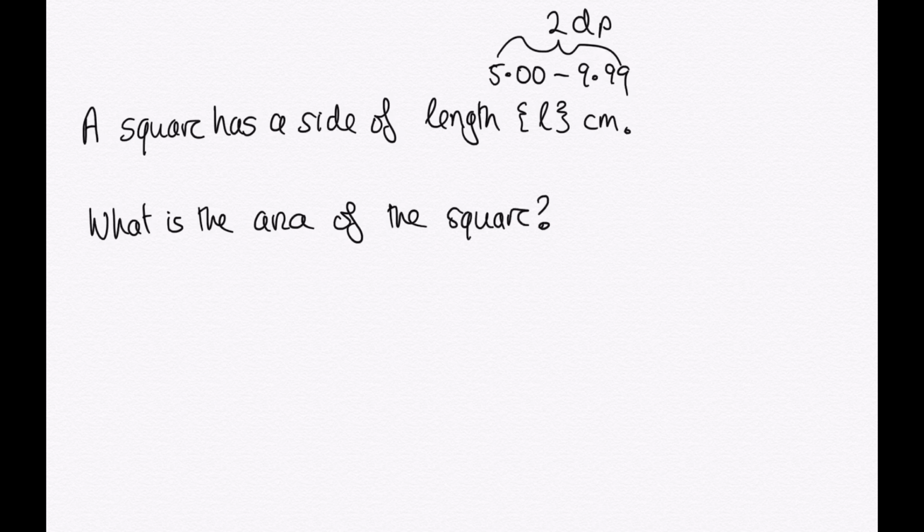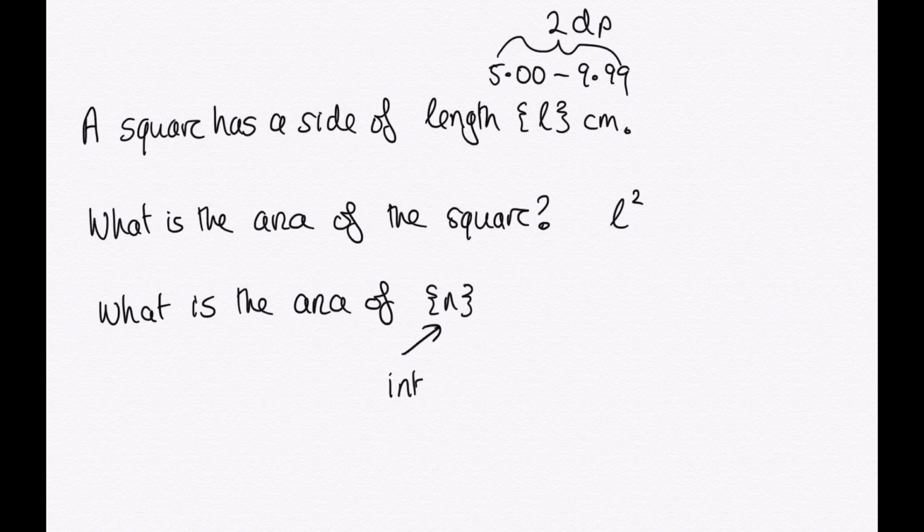and obviously my answer to that one is going to be L squared. And then I'll also ask what is the area of, and we'll give them an integer here, n of these squares.